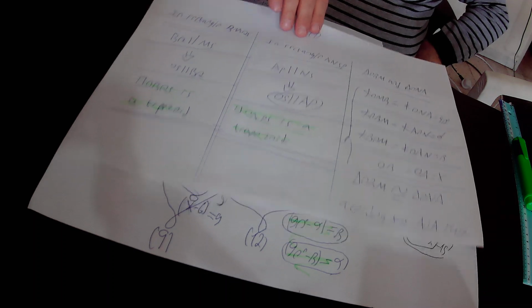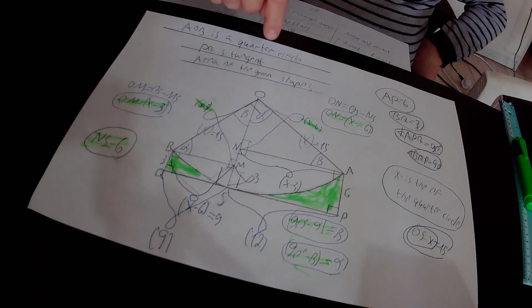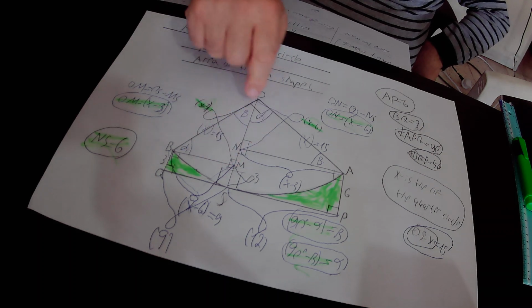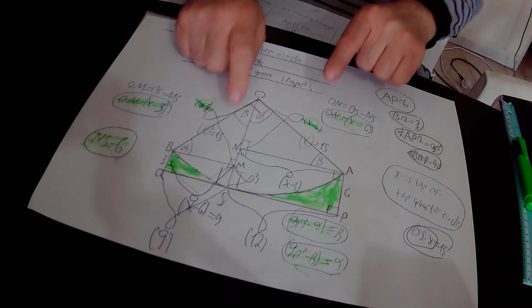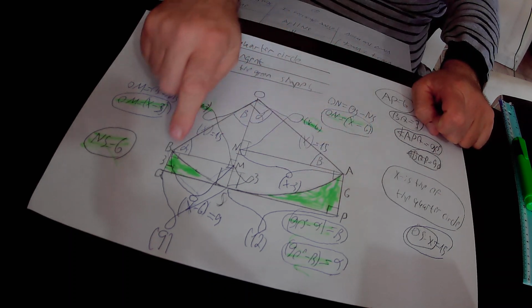In conclusion, we found out that OSPA is a trapezoid and OBQS is also a trapezoid. So the sum of the areas of those two trapezoids will give us the area of the whole shape.